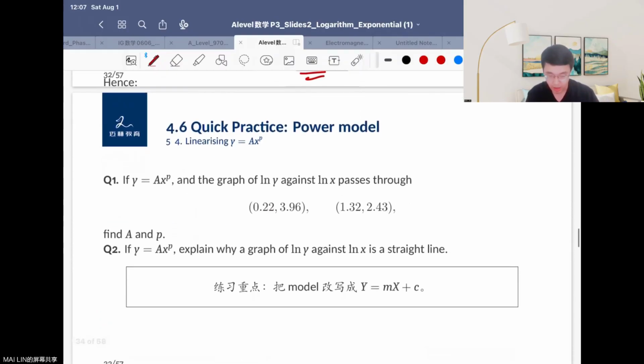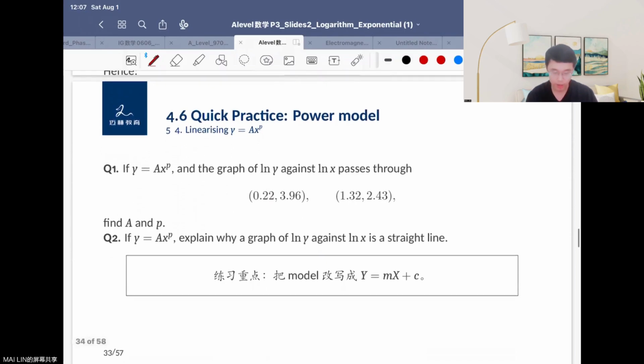Maybe for this problem, Q1, we set y equals a times x to the power of p, and the graph of log y against log x passes through these 2 points. So we first calculate log: log y equals p log x plus log a.